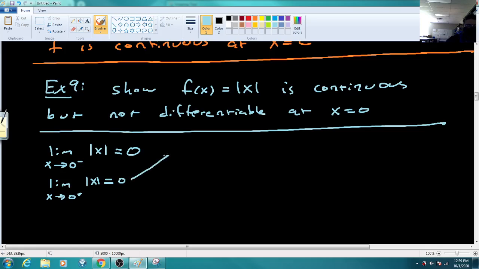So this tells me my two-sided limit as x approaches 0 of absolute value of x is 0. Since absolute value of 0 is 0, the function value is also 0.